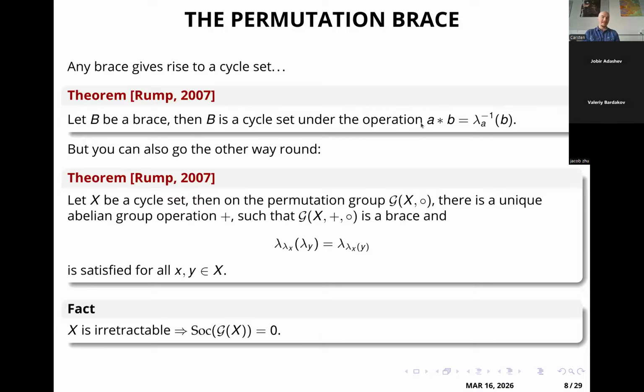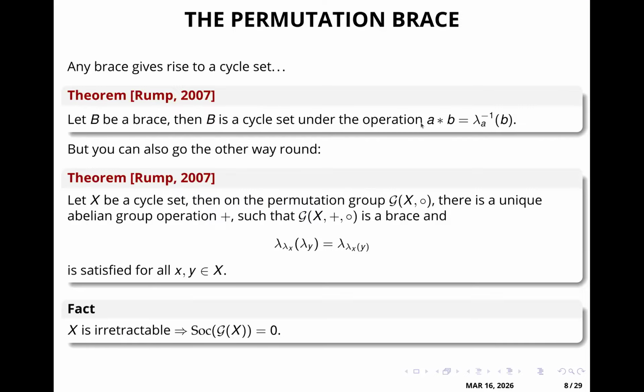But on the other hand, there's also a way of getting braces from cycle sets, which is simply by taking the permutation group and defining an abelian group operation such that you on one hand get a brace, and on the other hand, the lambda action of the element lambda x on the element lambda y gives you simply the element lambda of lambda x of y.